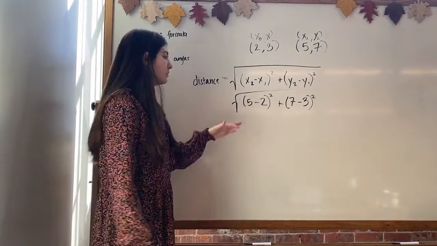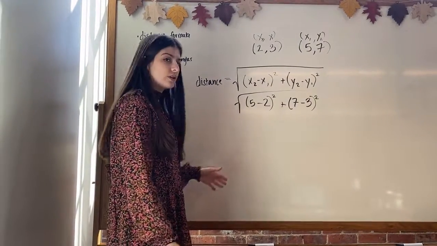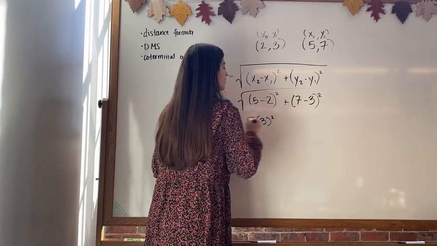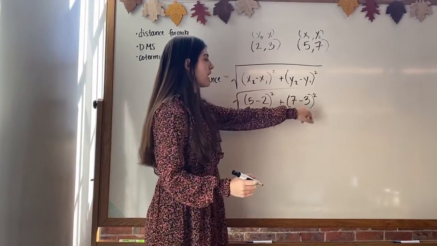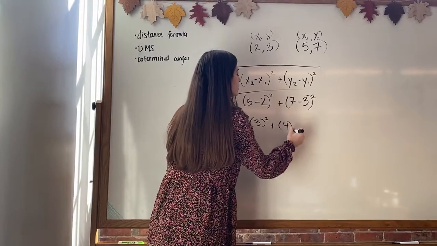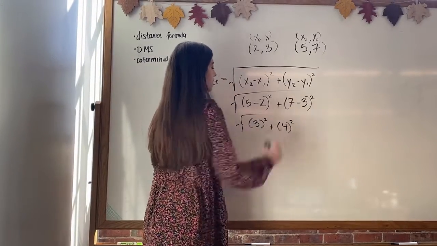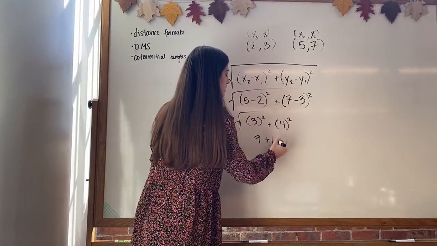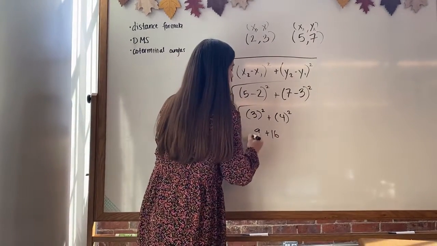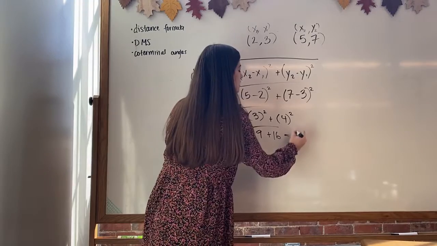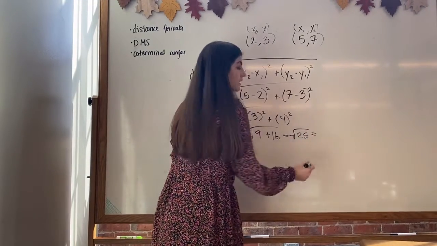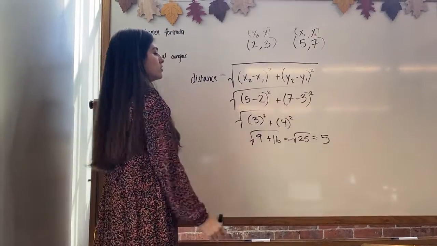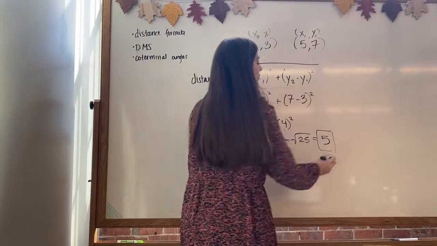From here on out, it's just algebra. 5 minus 2 is 3 squared plus 7 minus 3 is 4 squared. That's 9 plus 16. We take the square root. This is the square root of 25, which we know is 5. And that's our distance between these 2 points. It's 5 units.